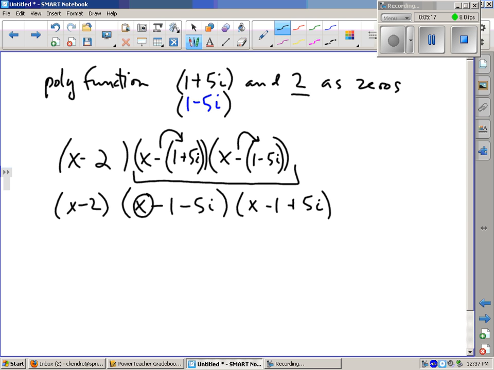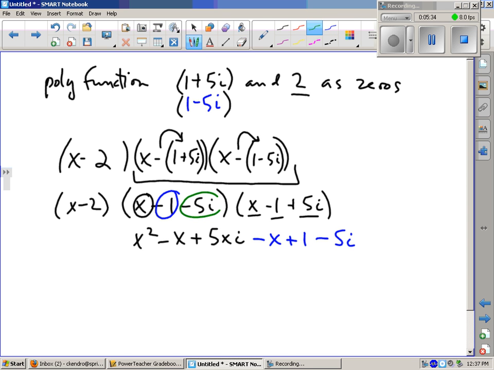I'm going to distribute it to these three. So I get x squared minus x plus 5xi. Okay, next I'm going to do the minus 1. So negative x plus 1 minus 5i. Next I'm going to do the minus 5i, so minus 5xi plus 5i, and then minus 25i squared.